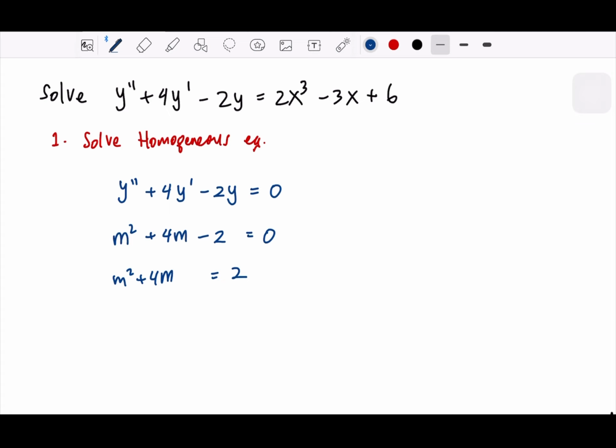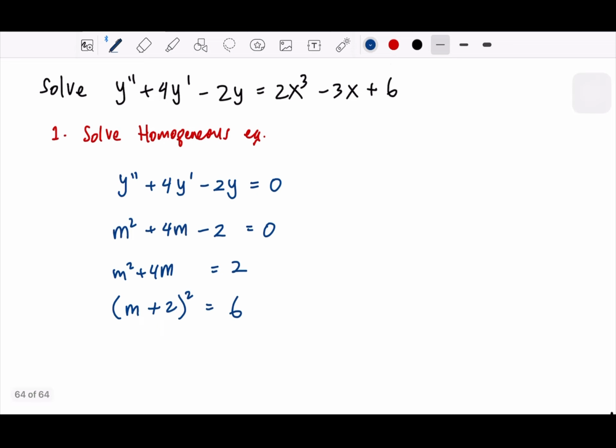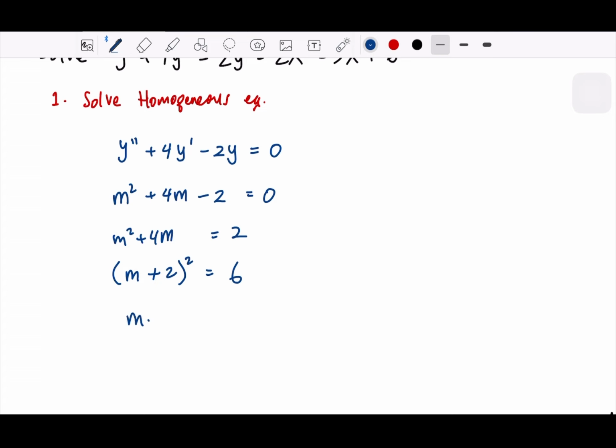So this will be (m plus 2) squared, so this will be plus 4, this will be 6, right? So m plus 2 is plus or minus square root of 6, so m1 is negative 2 plus square root of 6, and m2 is negative 2 minus square root of 6.